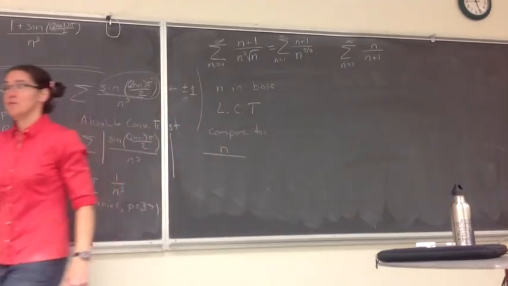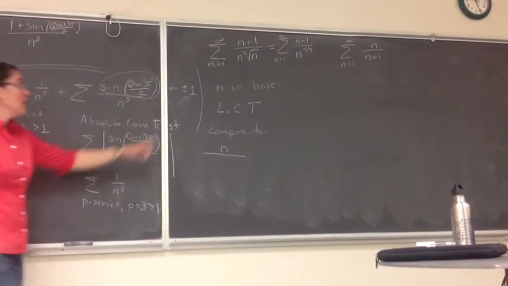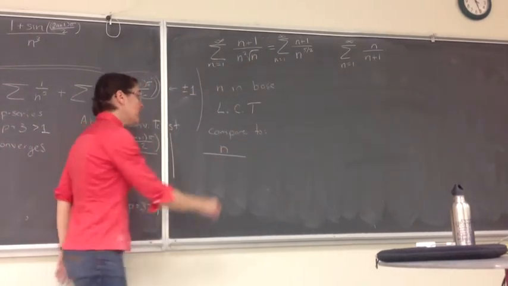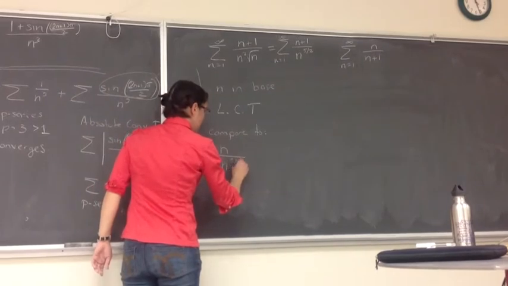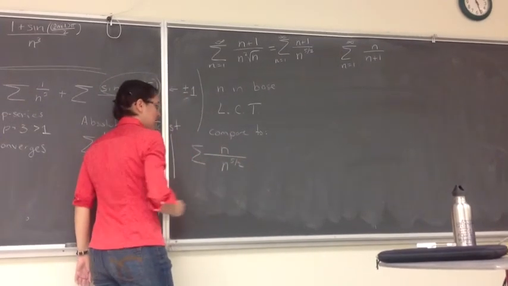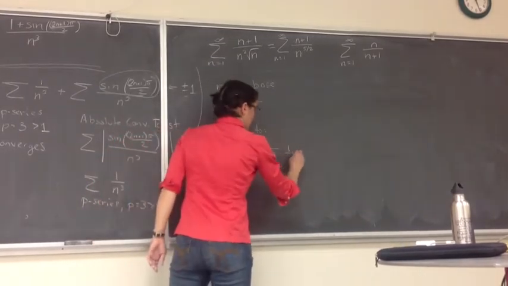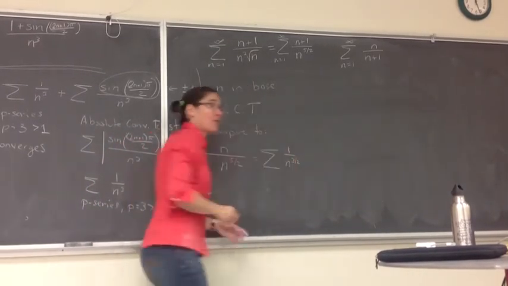You should double check that for yourself. N squared times n to the 1/2. When I add those powers, I get n to the 5/2. So I want to compare it to n over n to the 5/2. I want to compare that series. So if I simplify that series, I have the sum of 1 over n to the 3/2.